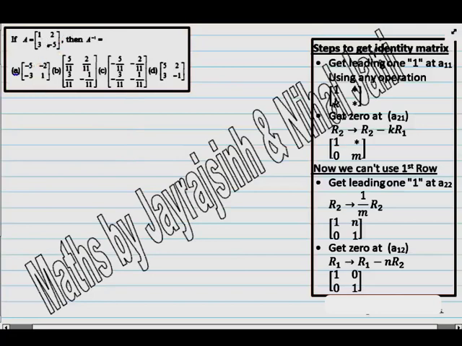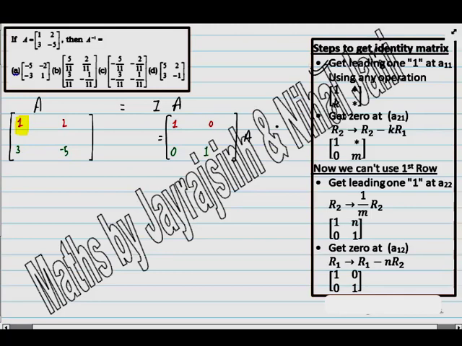In this question, you have to find inverse of matrix 1, 2, 3 minus 5. The first step is write in the form of A is equal to IA. Then the next step is to get leading one at A11 point, and by the grace of God you already have leading one.